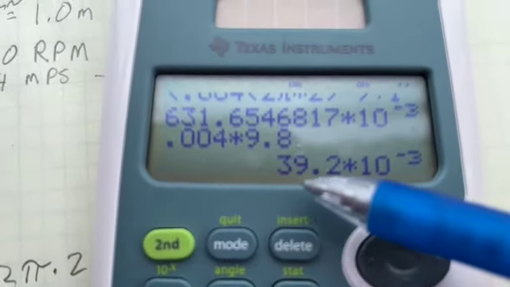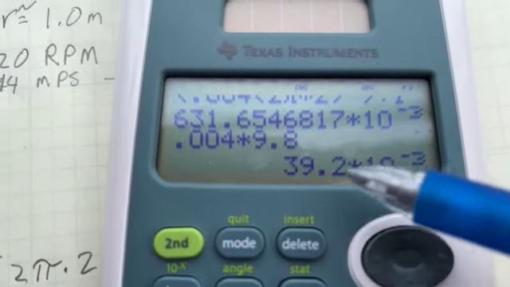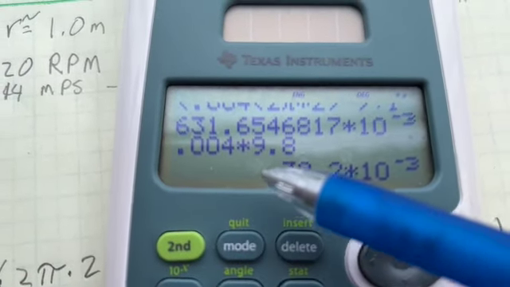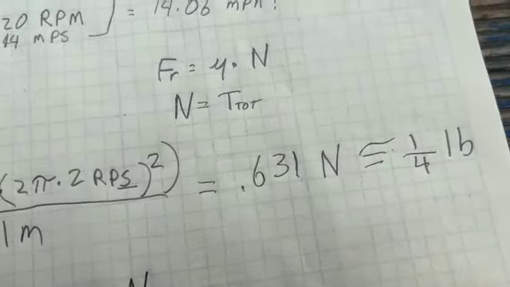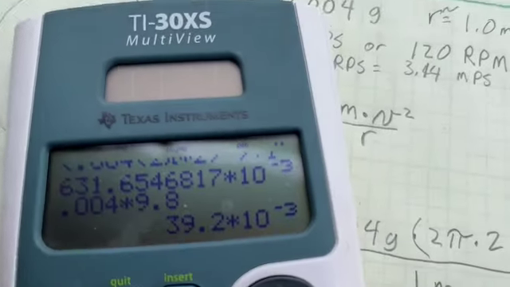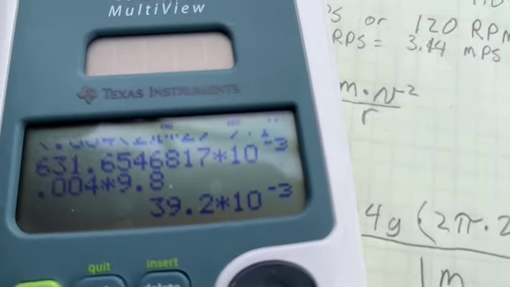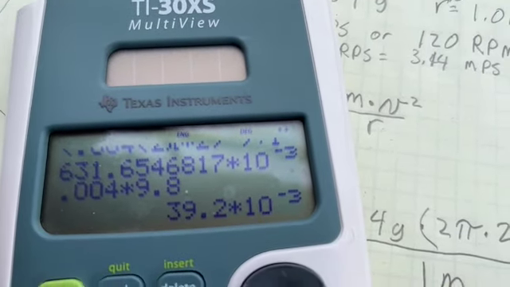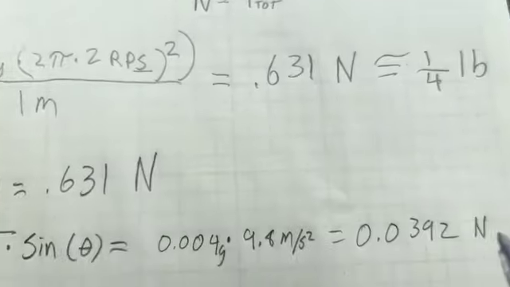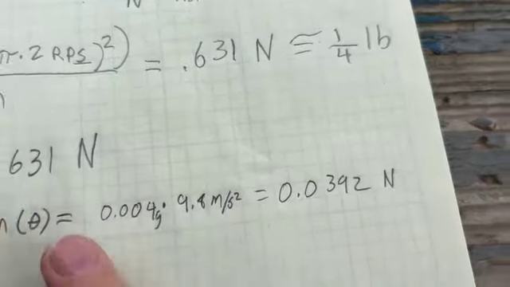You can see it's 39.2 times 10 to the negative 3. 10 to the negative 3 means we move this over 3 places. Equals 0.0392 newtons. And that is a very small number, right?